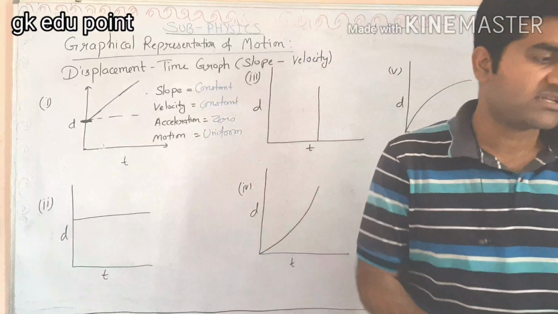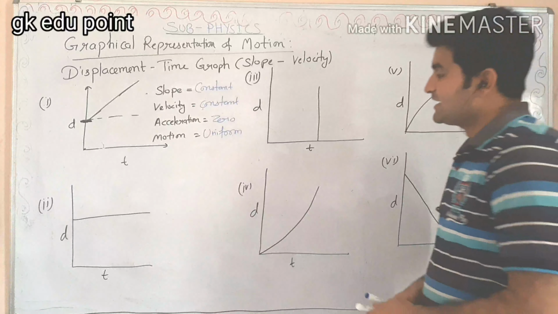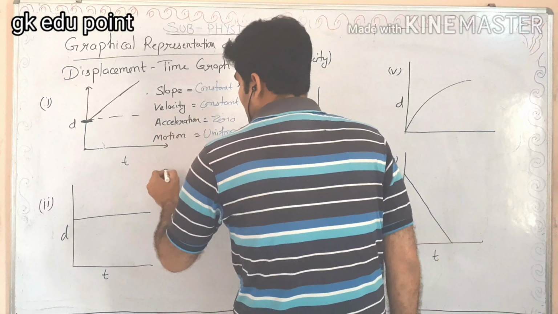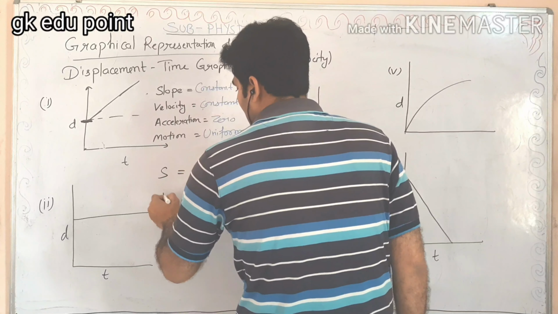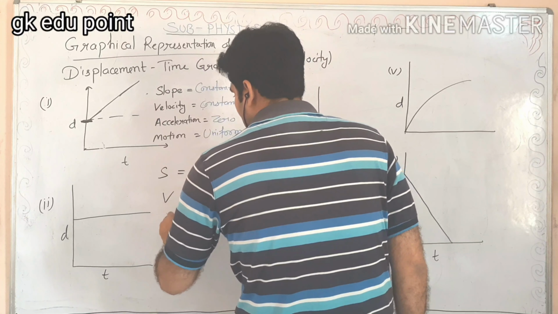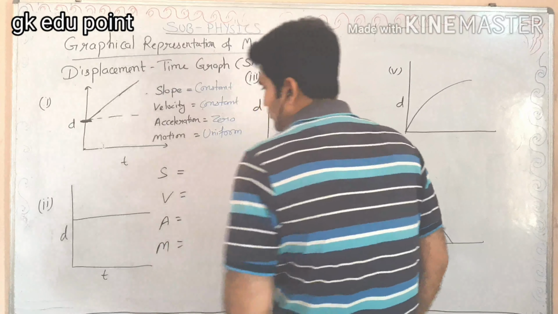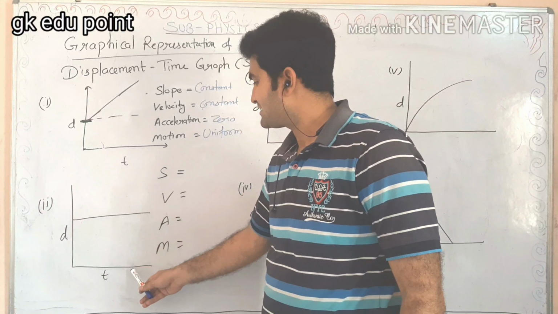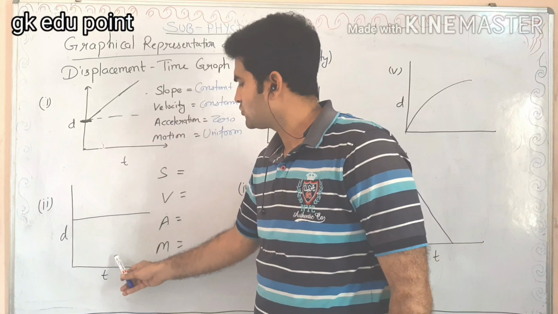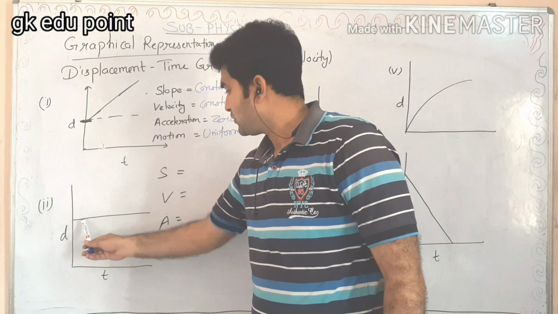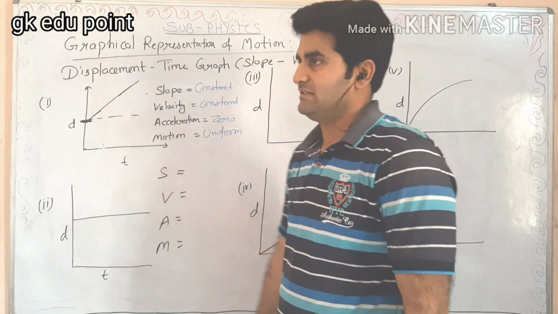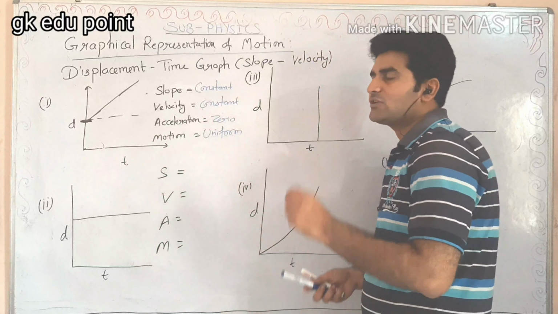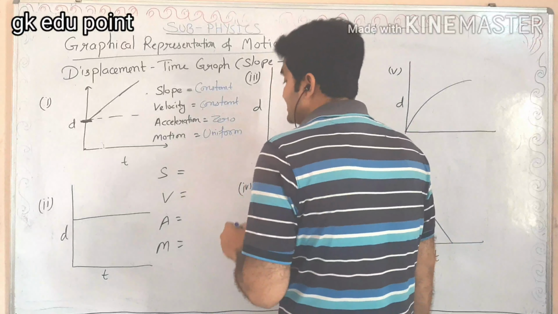Now we take graph number 2. In graph number 2 we again use this information about slope, velocity, acceleration and motion. If we take the slope from the horizontal axis, the time axis, there is no slope because the line is parallel to the time axis. Parallel to the time axis means there is no slope, the angle is 0.